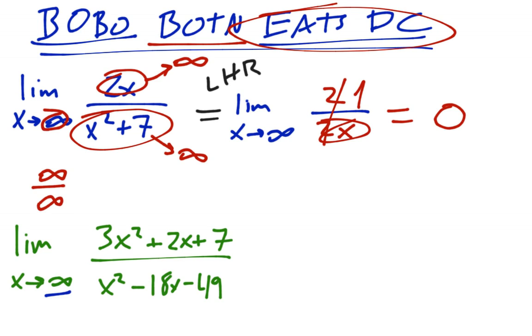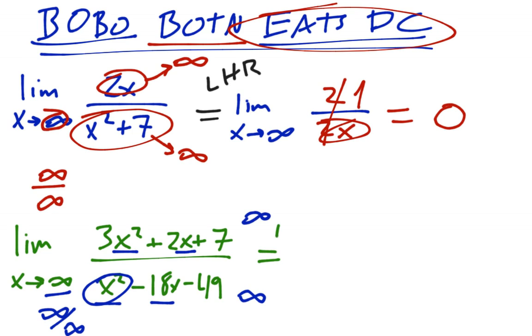If I plug in infinity, the top will go to positive infinity. If I plug in infinity into the bottom, x squared will go to infinity, and the minus 18x will go to negative infinity, but really the x squared is bigger than x, and so this will also go to infinity. So I do have the indeterminate form, infinity over infinity.